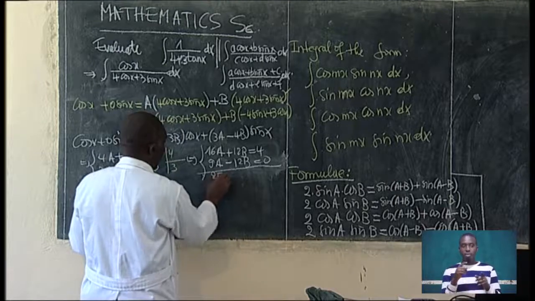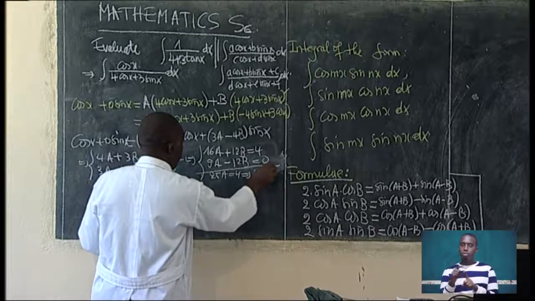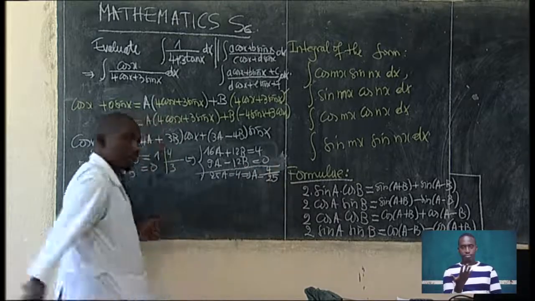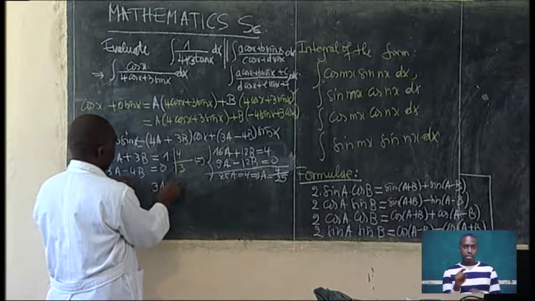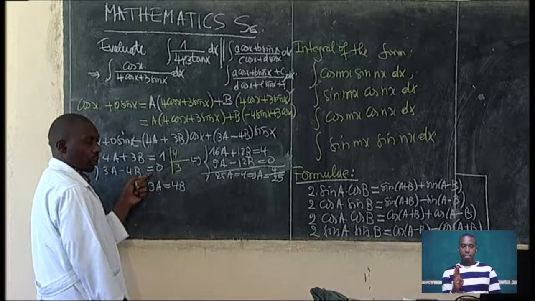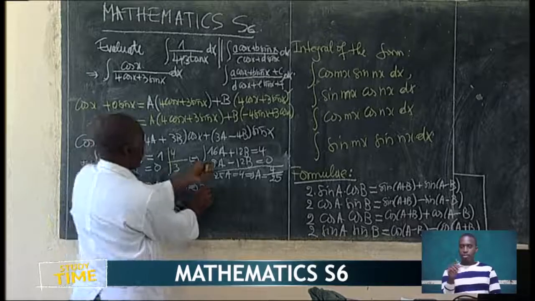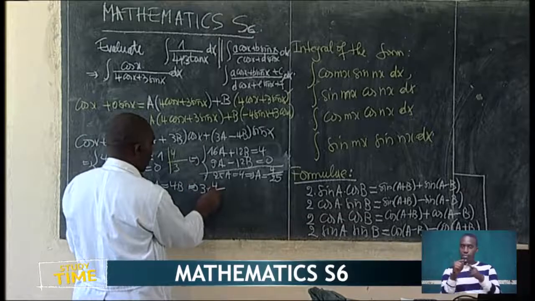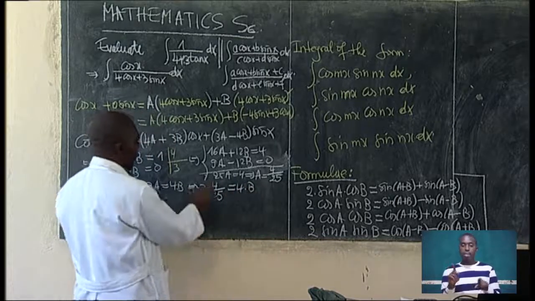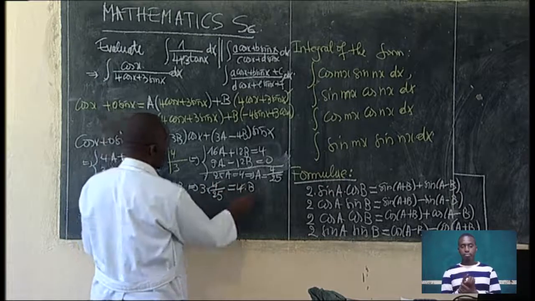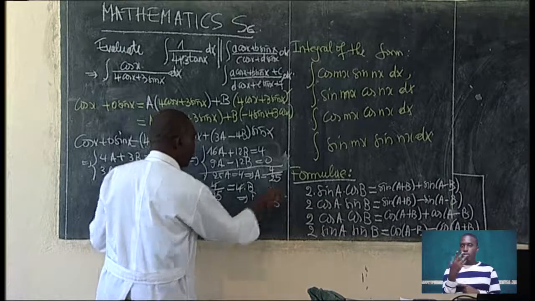This is 25a, which is equal to 4, means that a is equal to 4 divided by 25. Then from here, 3a equals 4b. From this equation, 3 times 4 divided by 25 is equal to 4 times b. As I see 4 here and 4, it means b is equal to 3 divided by 25.